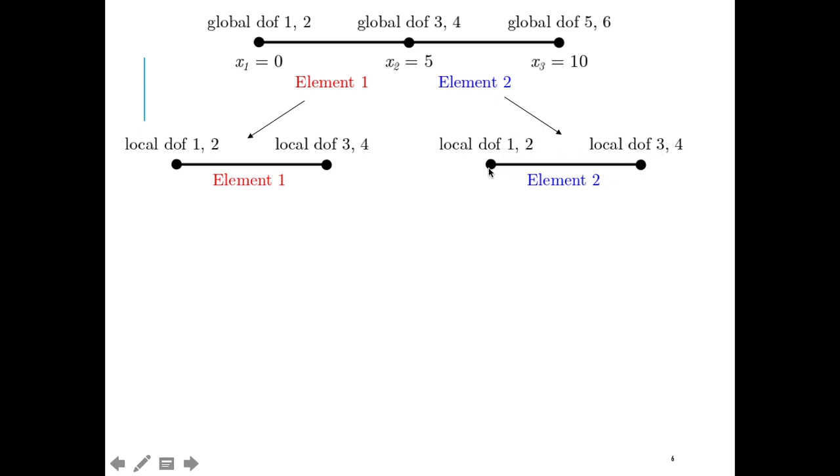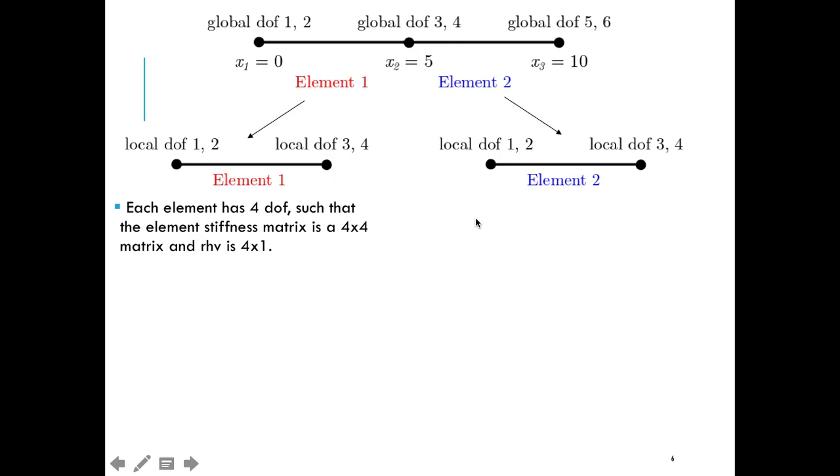So this is my local node 1, local node 2, local degree of freedom 1, 2, local degree of freedom 3, 4. Okay, great. Now we recall that once we've got our local and global names for our degrees of freedom, then we can use our local to global degree of freedom map to figure out how the element-wise matrices would assemble into the global stiffness matrix. So let's jump into this.